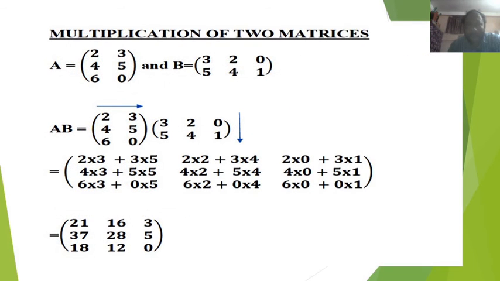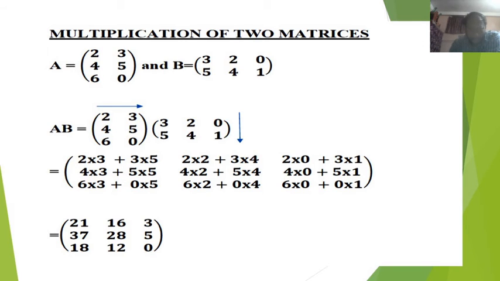Next is multiplication. What is the multiplication process? How can we multiply two matrices? A is equal to [2, 3; 4, 5; 6, 0] and B is equal to [3, 2, 0; 5, 4, 1]. So the order of the first matrix is 3 by 2: number of rows is 3 and number of columns is 2.